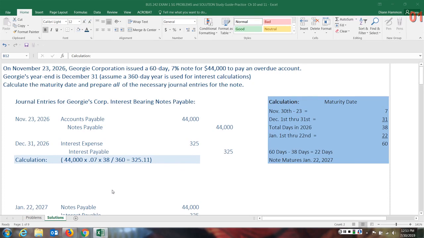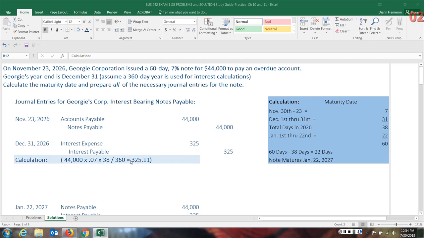To make this calculation, we take the principal amount, $44,000, times the interest rate, 0.07. Quoted interest is typically an annual rate, so we have to consider the component of time as well. We're only accruing through the end of December, so that's, remember, 38 days based on our calculation. So 38 days divided by 360.